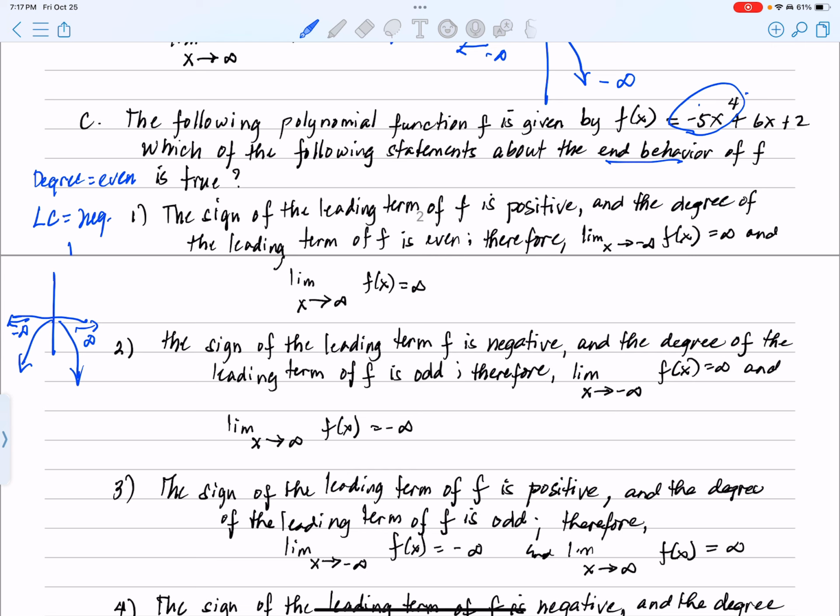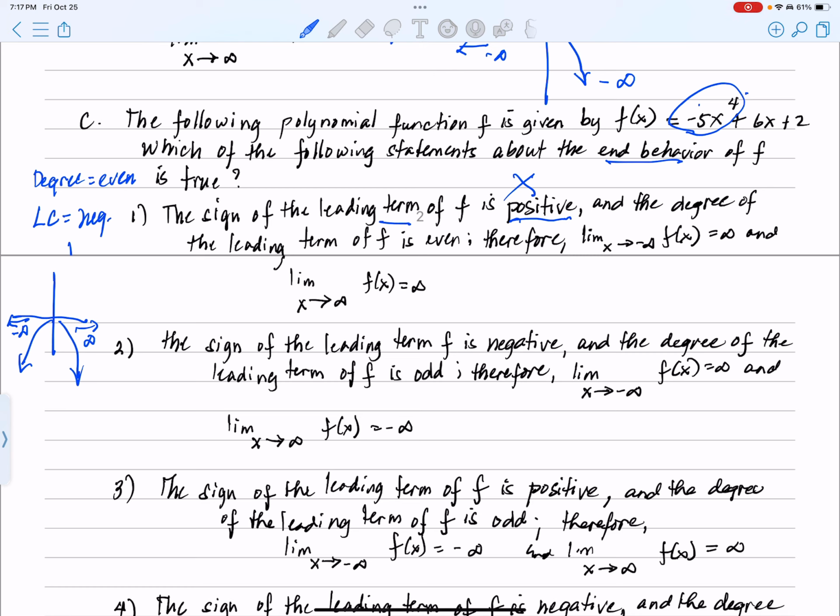So we'll start with number 1. The sign of the leading term is positive. This gives you a no for that, because the leading term is negative.